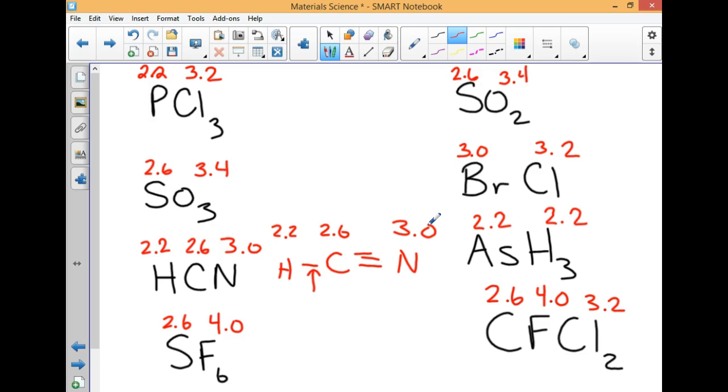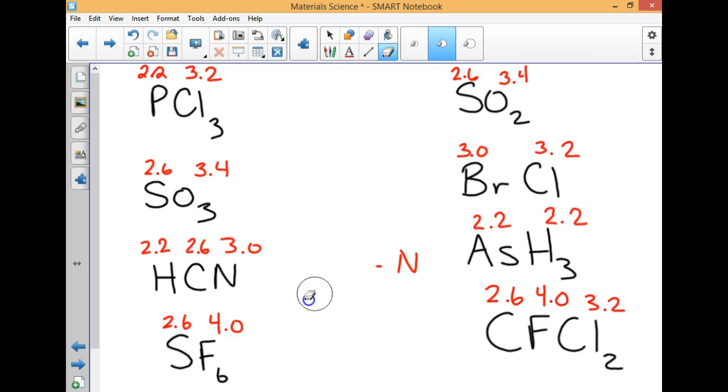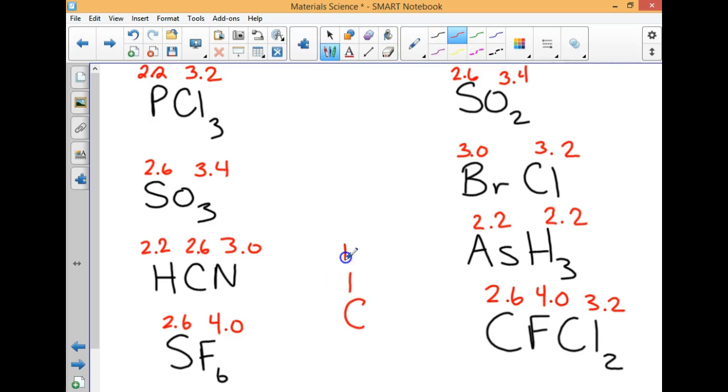This one looks a little bit strange, so what I'm going to do is draw it out so that it looks a little bit easier to see.